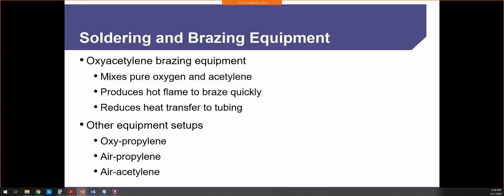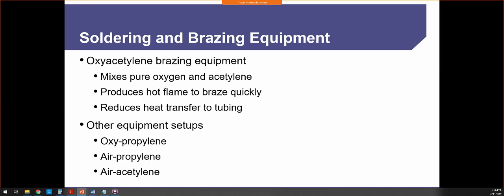So we have service valves that are close to the braze point on our condenser, and if that area gets heated way too much, we have these little gaskets that are inside, and they're going to melt. If they melt, I may not be able to open up my service valve, or refrigerant may start leaking out.